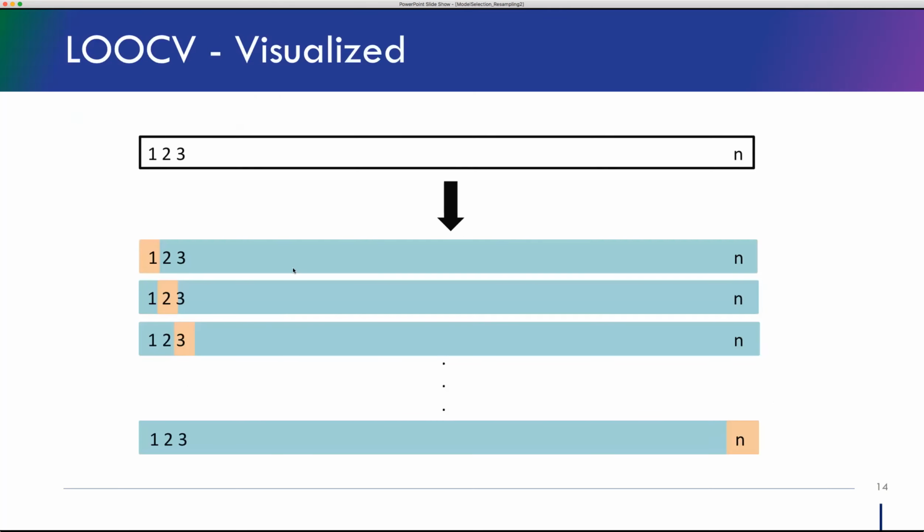I have this visualized. LOOCV. So this is your whole data set of observations, and each time you take one out for testing and use the rest, n-1 data points, to train your model, and get the mean square error for your prediction on this first observation that you just picked out for testing, right?